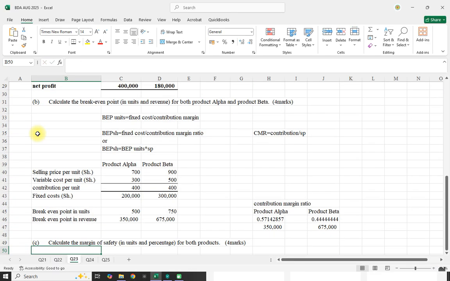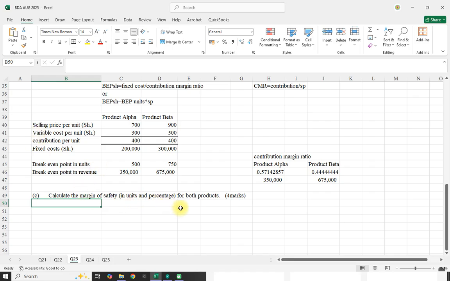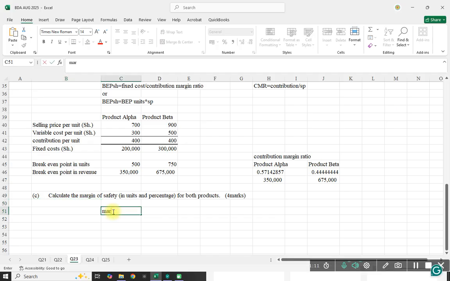For part C, calculate the margin of safety in units and percentage for both products. When we talk about the margin of safety, it is equal to normal sales minus break-even point sales.